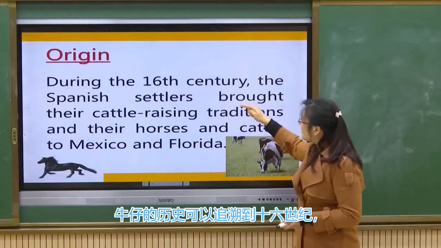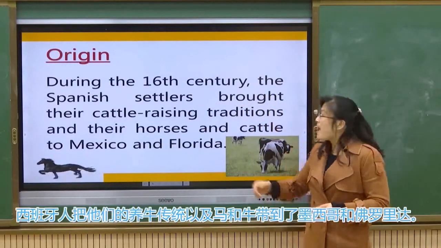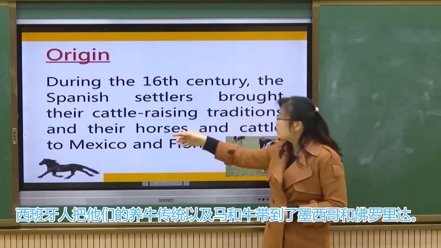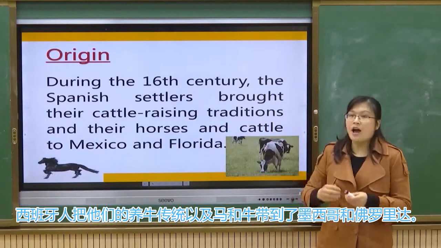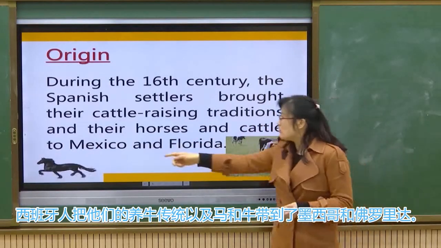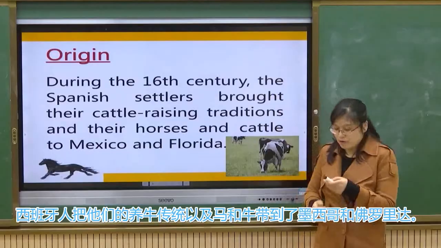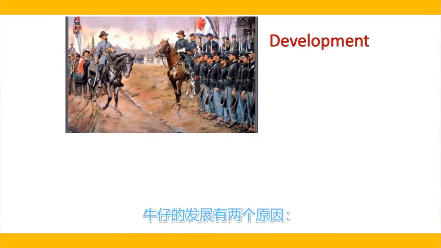During the 16th century, the Spanish settlers brought their cattle raising tradition and their horses and cattle to Mexico and Florida. The development of cowboys had mainly two reasons.